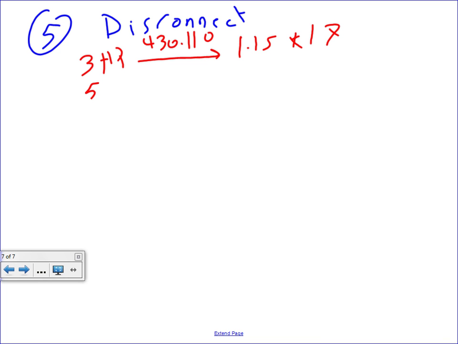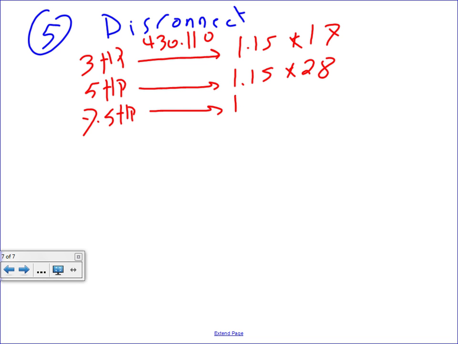And the 5 horsepower. 1.15 times 28. Thank you. 40. And the 7.5 horsepower, 1.15 times 40, and the second one is 50, right? Yeah. Okay, 1.15, and this is for the 10 horsepower.